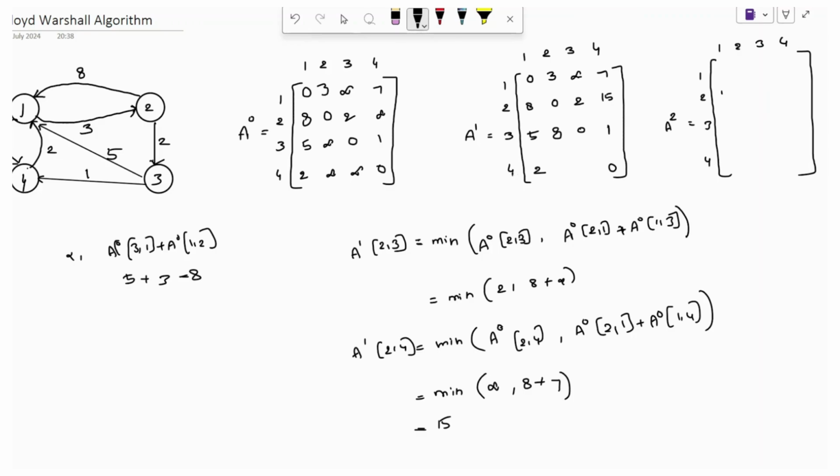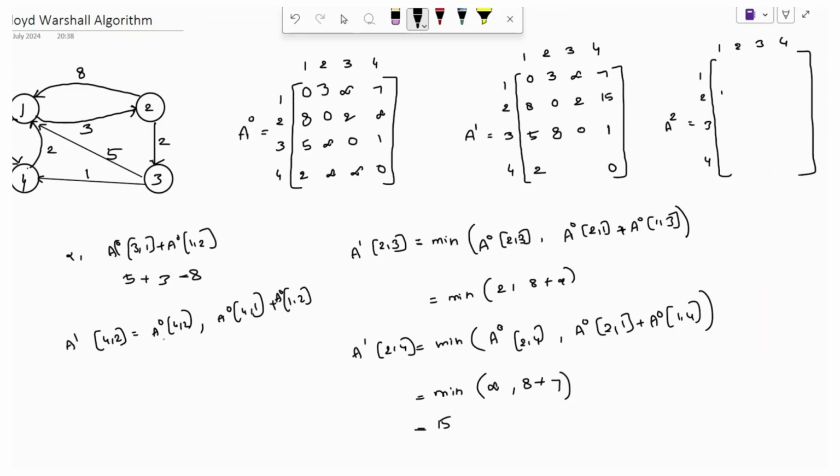Next A1 of 4 comma 2. Again let us find A1 of 4 comma 2, which will be minimum of A0 of 4 comma 2, and A0 of 4 comma 1 plus A0 of 1 comma 2.